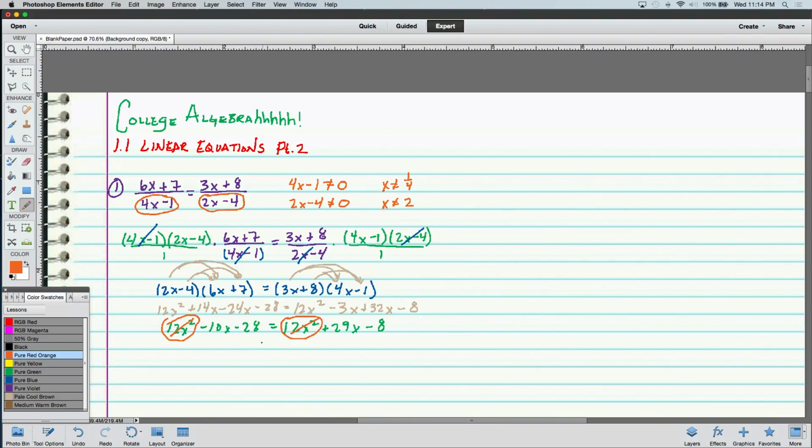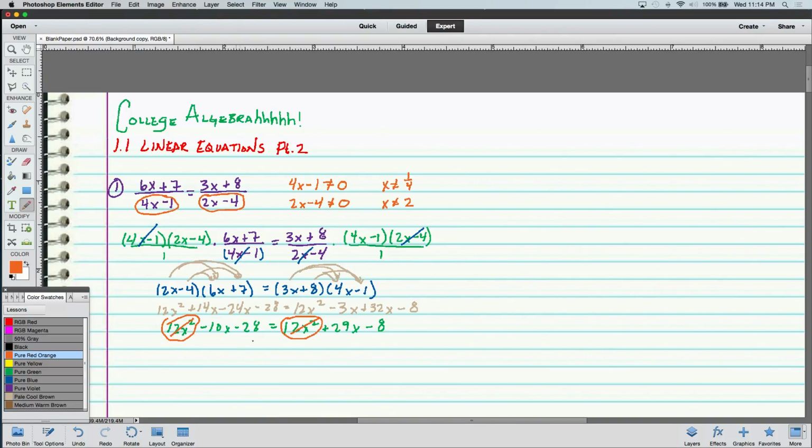Next step, collect the terms, meaning move the x's to one side of the equation and move the constants to the other side of the equation. It doesn't matter which one of these you move, as long as you move the variables to one side and the constants, or all the numbers, to the other side.